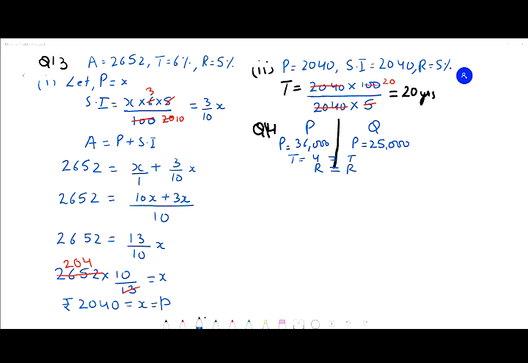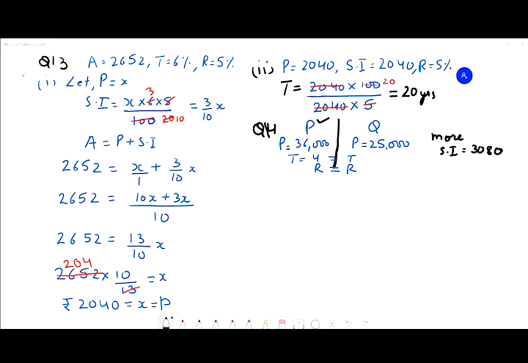But the extra thing what they are saying, that P gets more. How much more? That is the SI, more SI, that is 3080. Then why is he getting more? Because he invested more. So if we have to take this SI, we have to take out another principal by subtracting these two.